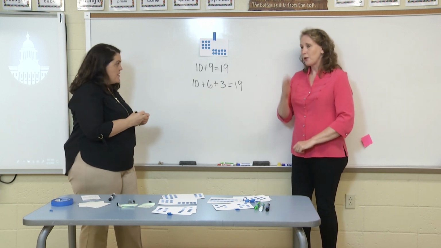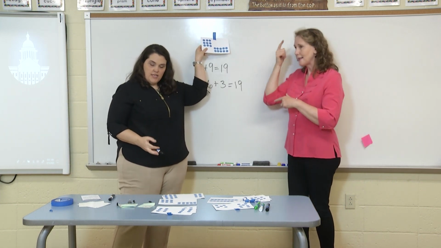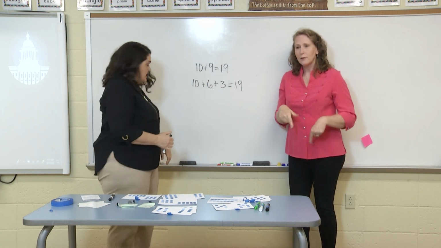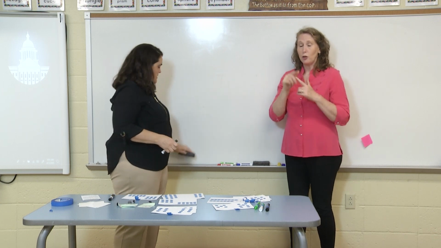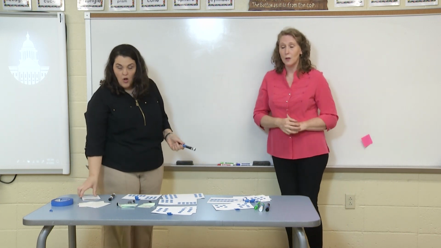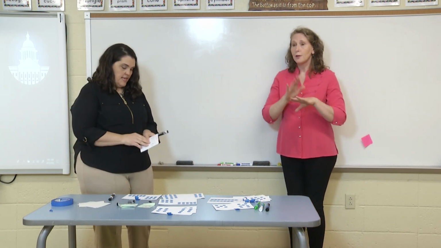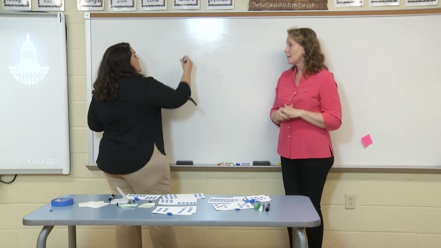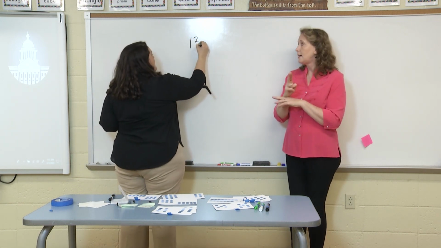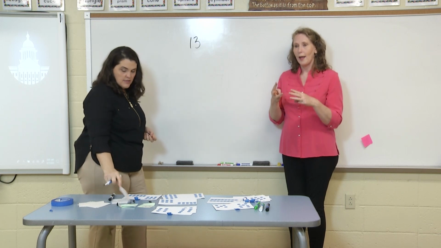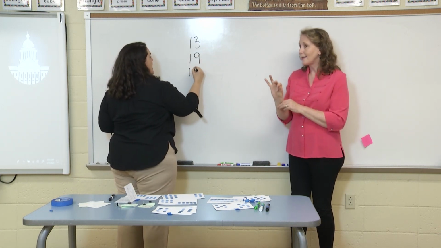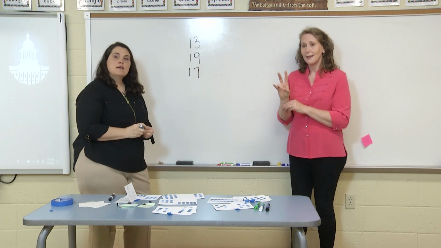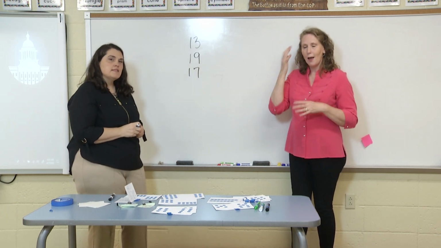You know what else is amazing about these thinking strategies? You can use these thinking strategies even when you don't have dots to look at. We could add up all the numbers on the dot cards we've looked at so far. We could use the same thinking strategies to add 13 and 19 and 17, because we already know a lot about these numbers.